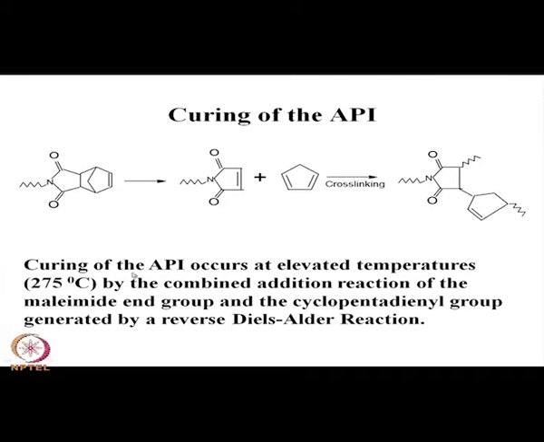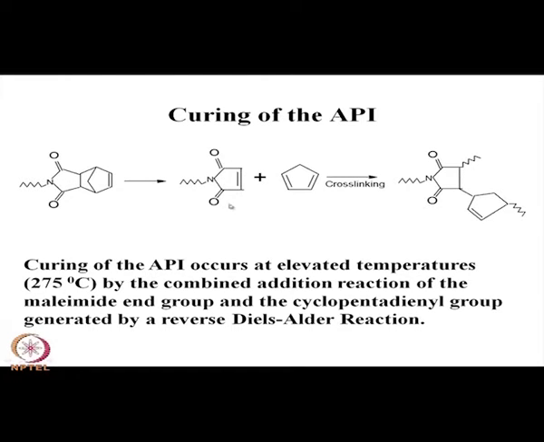This curing of the addition polyimide occurs at elevated temperature, say around 275 degrees Celsius, by the combined addition reaction of the maleimide N group. Maleimide means malic anhydride imide.